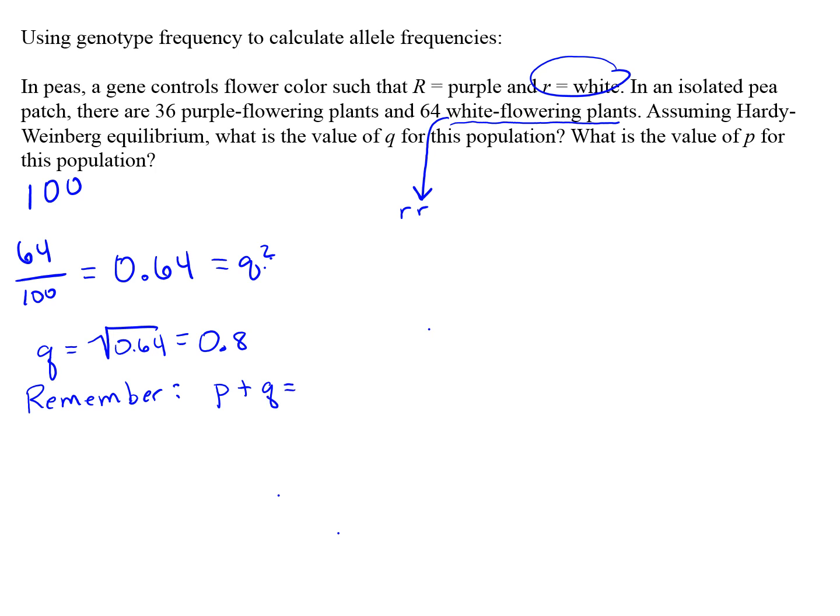Okay, so if we know that the value of Q is 0.8, then the value of P has to be 0.2, right? Because 0.8 added to 0.2 would give us 1. So if Q is 0.8, then it would hold true that P is equal to 0.2. And so that's how we can use the genotype frequencies to calculate allele frequencies.